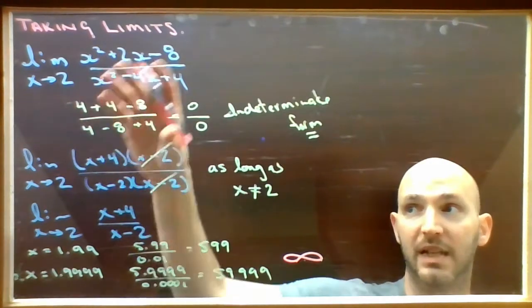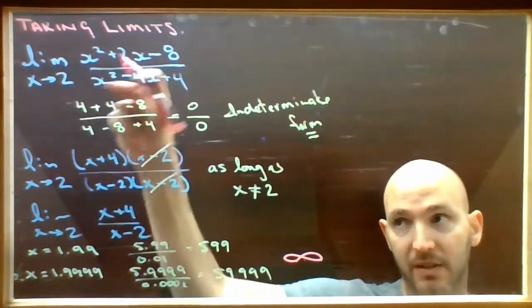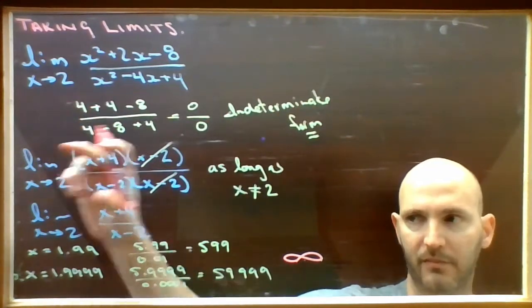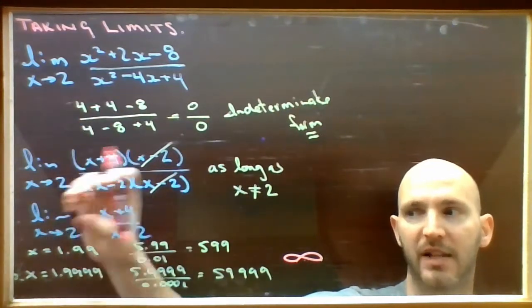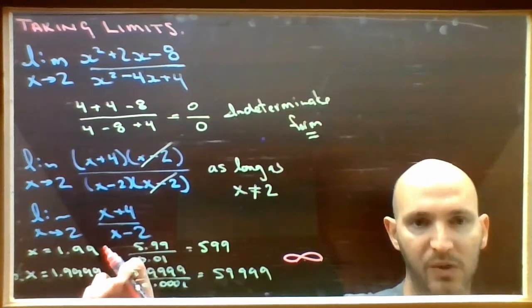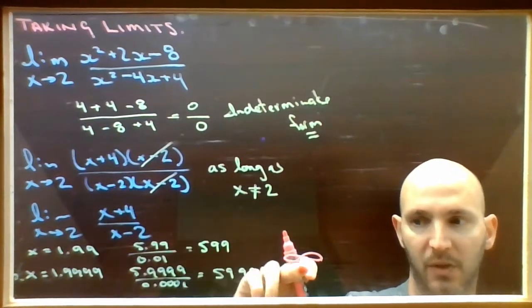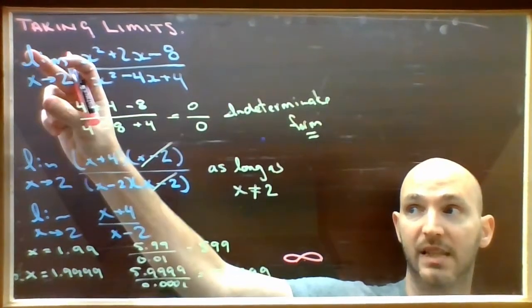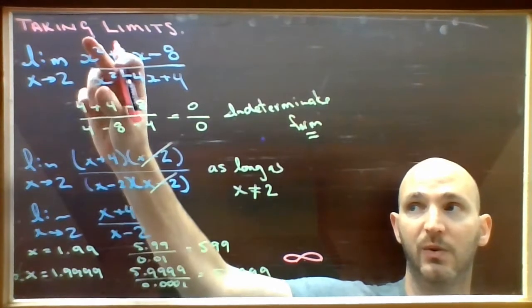So we did some factoring here. Well, first we plunked the number in and found our indeterminate form, so that wasn't going to work. And we tried some factoring and tried to plunk the number in, and that wasn't going to work. So then I had to do this approach method, and I ended up with these numbers spiking off to forever. So for this question, what's the limit of, as x goes to 2 of this expression?